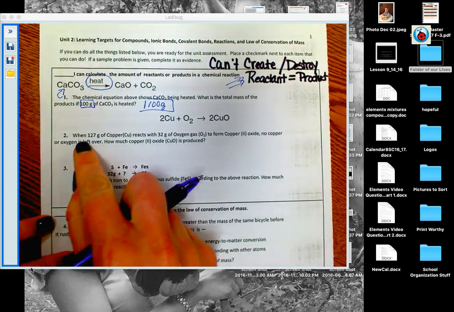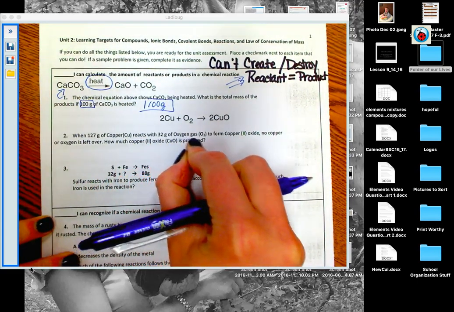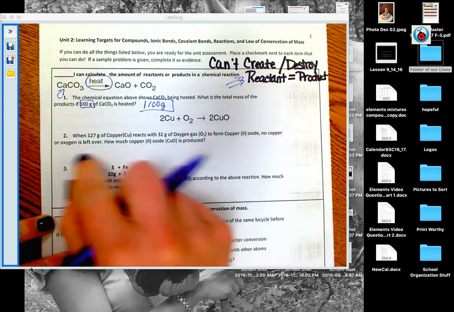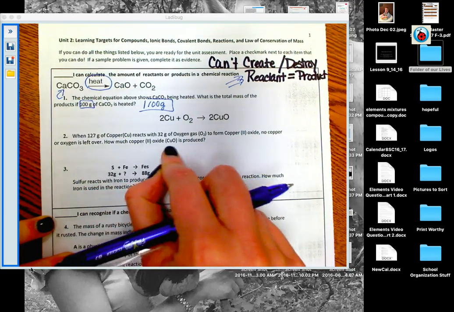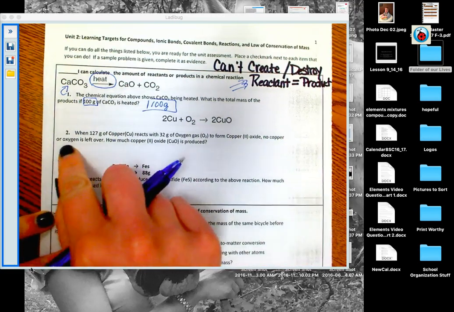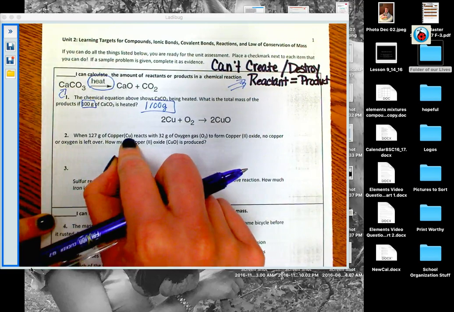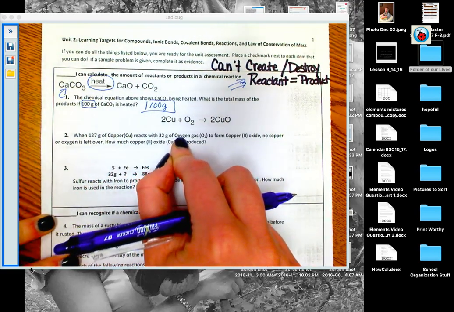Number 2 says when 127 grams of copper reacts with 32 grams of oxygen gas to form copper 2 oxide, no copper or oxygen is left over. How much copper 2 oxide is produced? So they're not saying that we destroyed the copper. They're not saying that we destroyed the oxygen. What they're saying is that copper in itself as a pure substance and oxygen as a pure substance are no longer there.